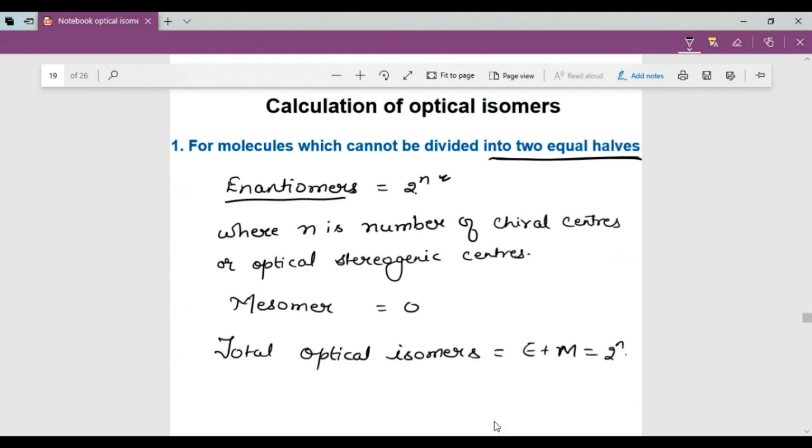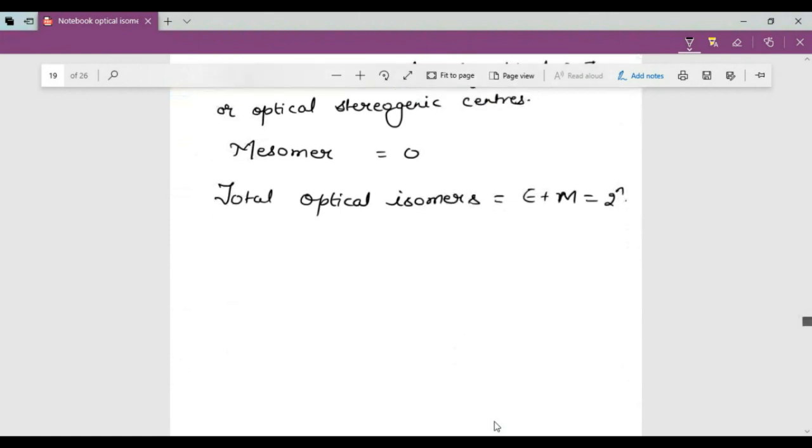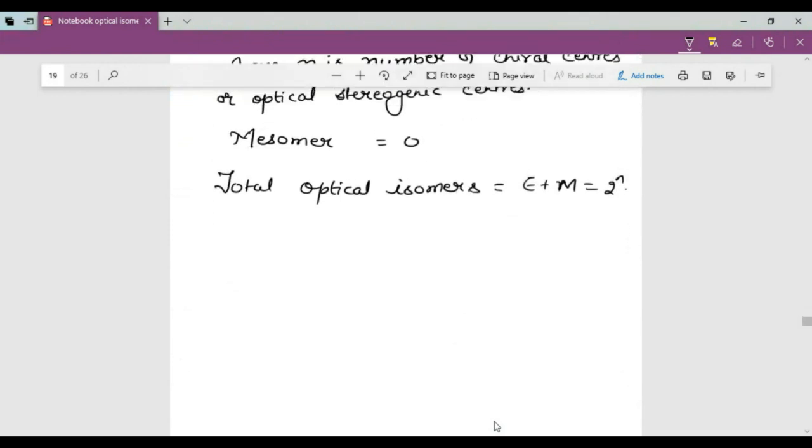So if a molecule has n chiral centers and is incapable of meso, then the total number of enantiomers is 2 raised to power n, and the total optical isomers is also 2 raised to power n.